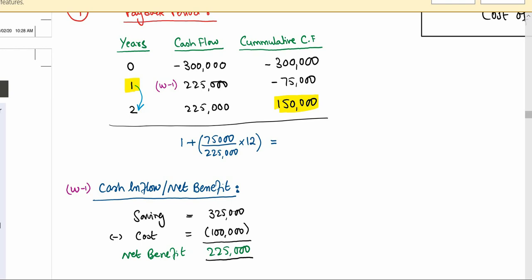Yes, so it will be 1 year and 4 months. So this is 1, this is the 4 months. So this is the answer of the payback period.